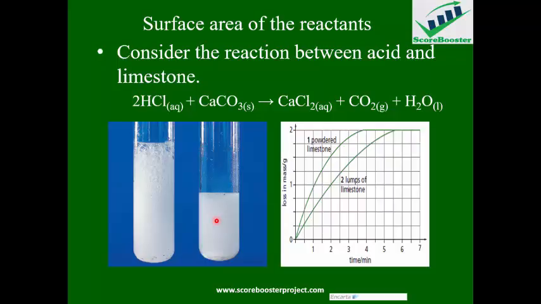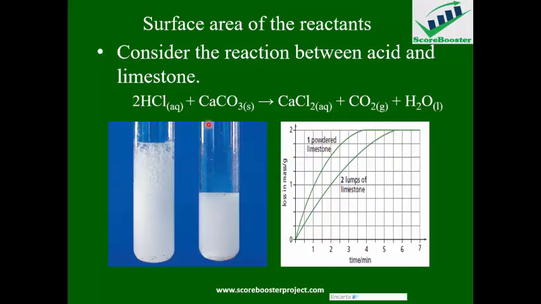Don't forget, we said the loss of mass is one of the parameters that we use to measure that the reaction has taken place. This is calcium carbonate. If you have the mass of this, you add it to the mass of this initially. At every stage of a reaction, we use time in minutes: 1 minute, 2 minutes. After 7 minutes, the reaction goes to completion. Because we are using loss in mass in grams, it is because we have a gas as our product.